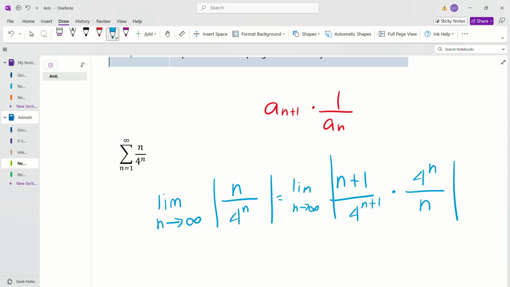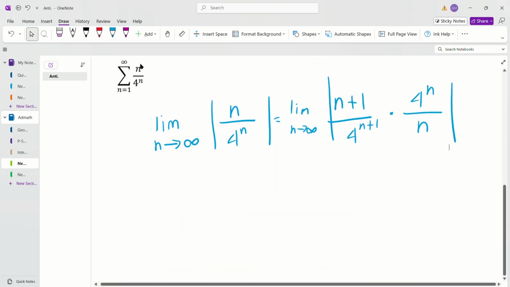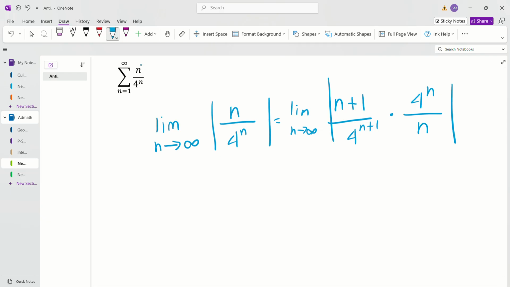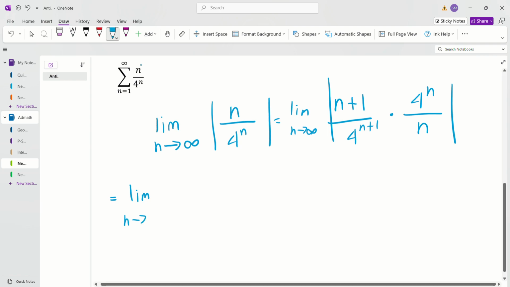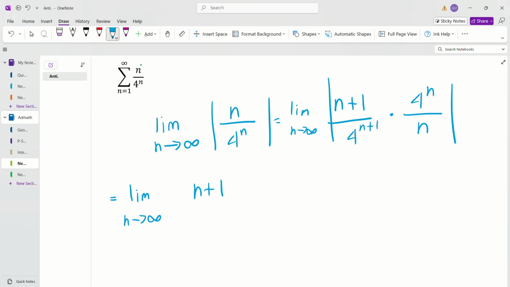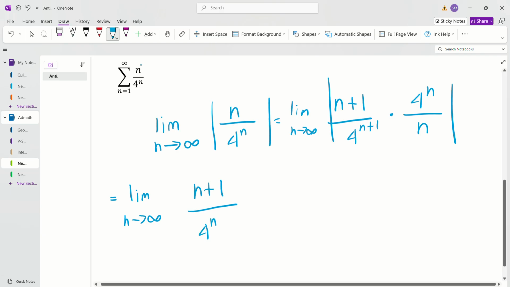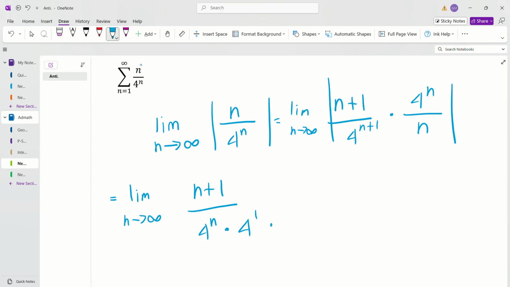So to further simplify, we have the limit as n approaches infinity of n plus 1 over 4 raised to n times 4 raised to 1, times n here.